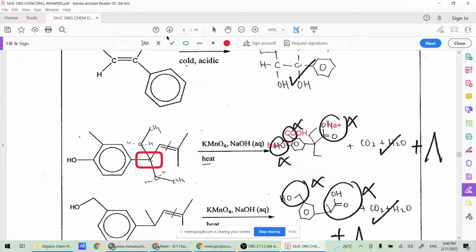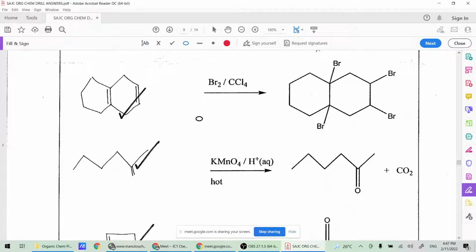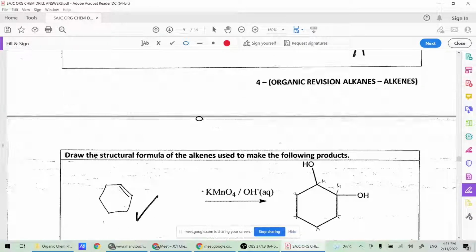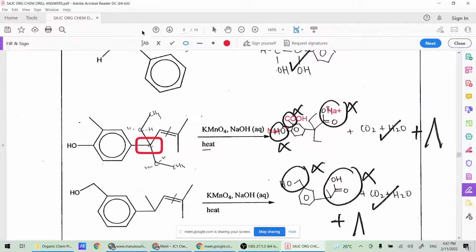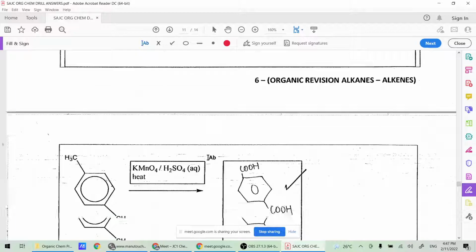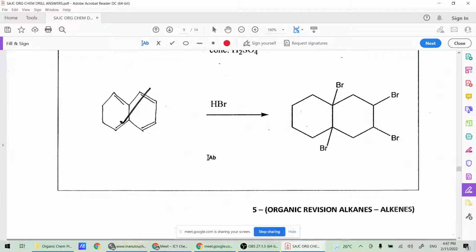But if you notice that we have a double bond, this double bond will break, and then we will get a carboxylic acid on this side. Let me get to the right page. I must have slipped the page.